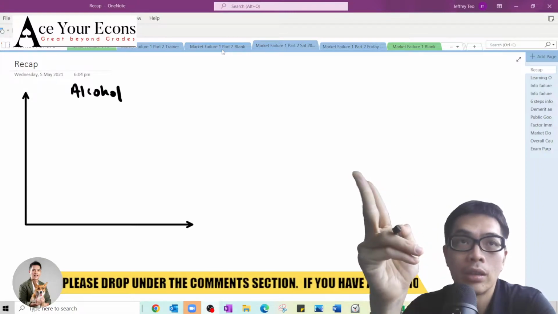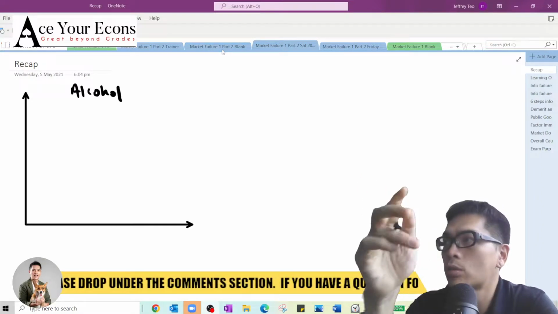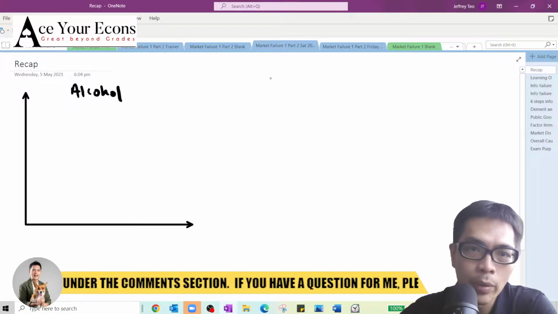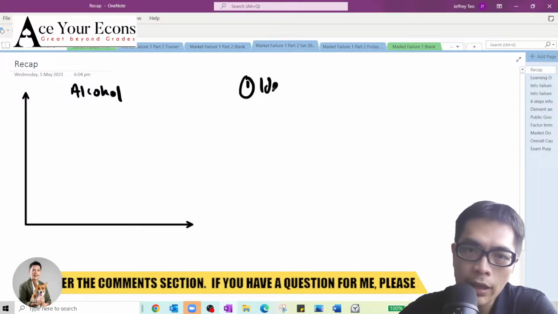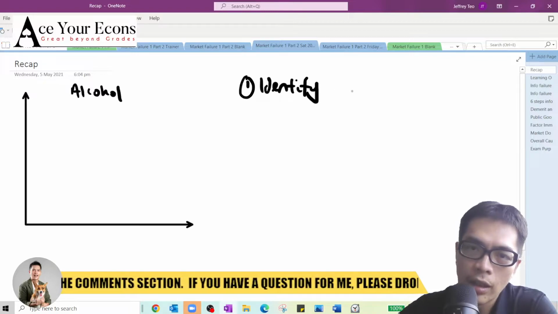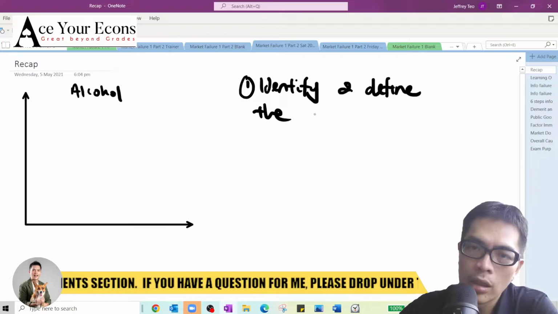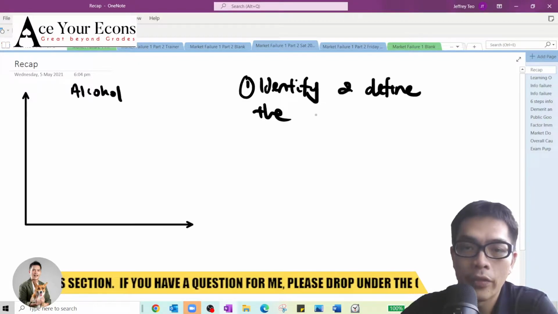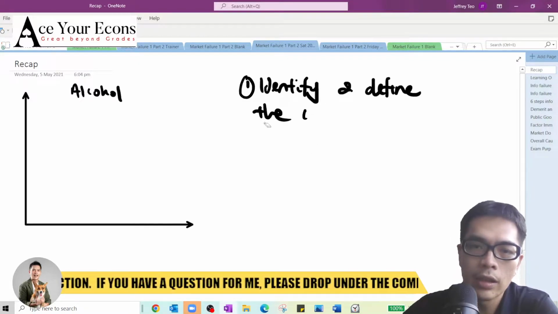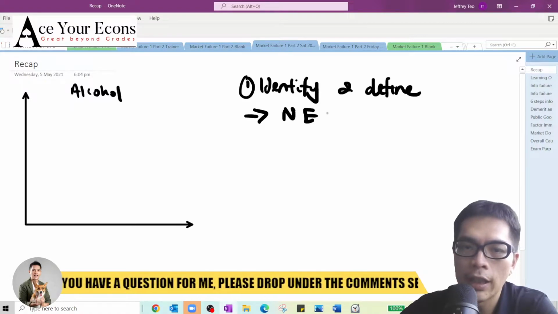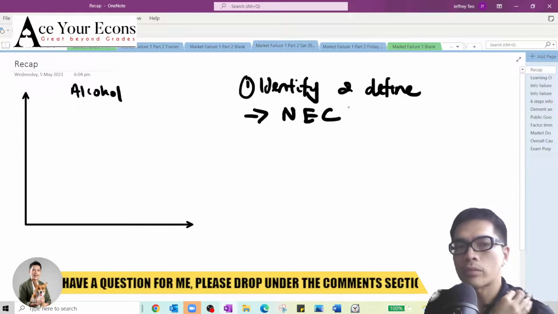Likewise for this. Now let's go through the 6 steps again. Step number 1, we are supposed to identify and define the cause of market failure. In this case, we have identified this to be a negative externality of consumption.